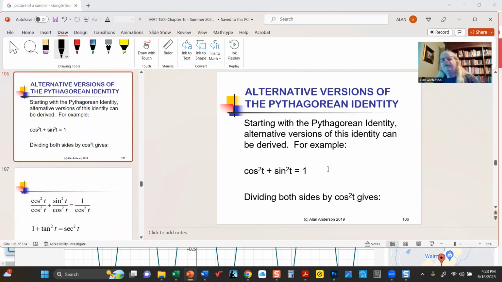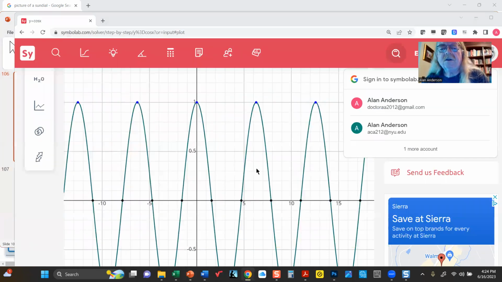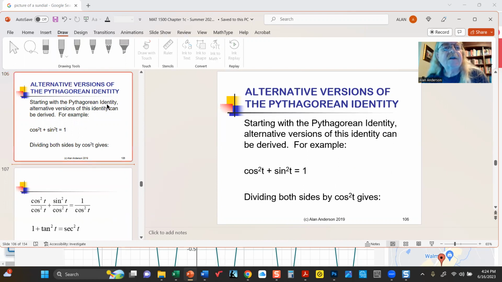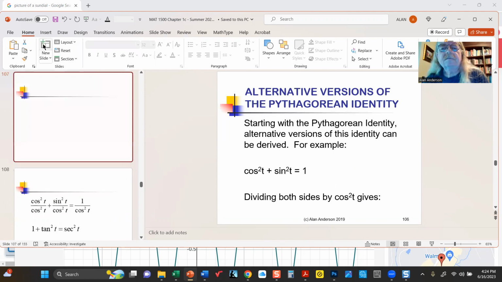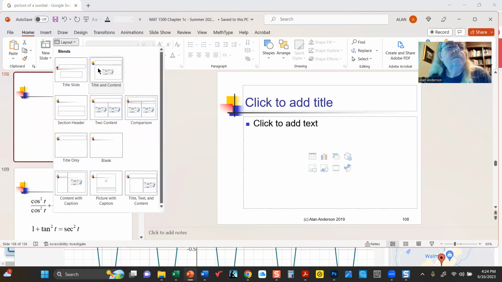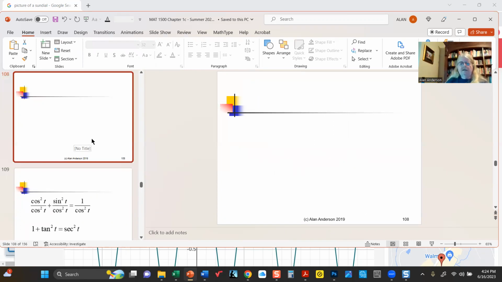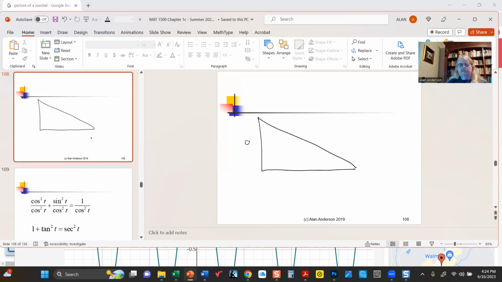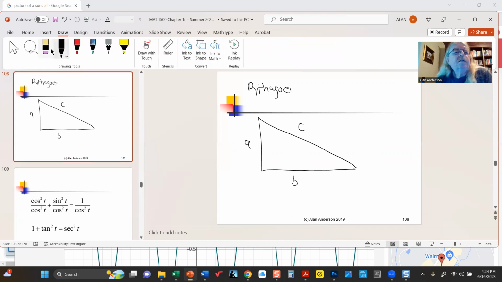Now, the Pythagorean theorem, as you all know very well, is very simply that a squared plus b squared equals c squared.